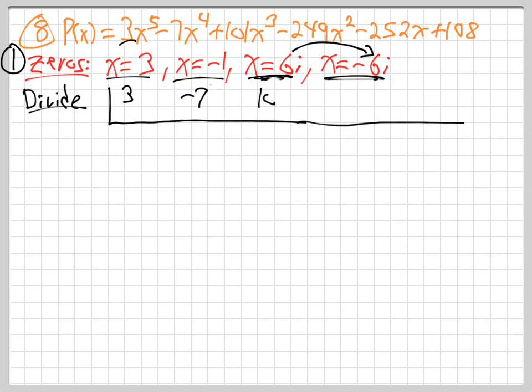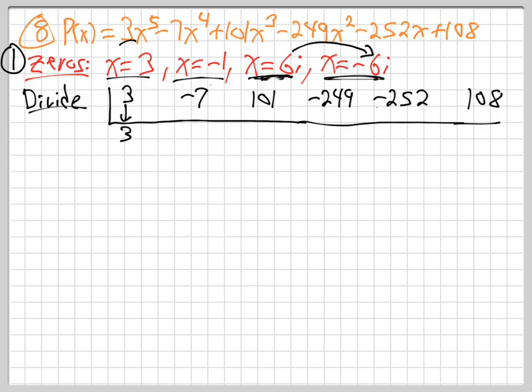Minus 7, then way over here, 101. Way over here, minus 249. Maybe I'm going a little too far. All right, 101, minus 249, minus 252, 108. Okay, so let's bring down the 3.